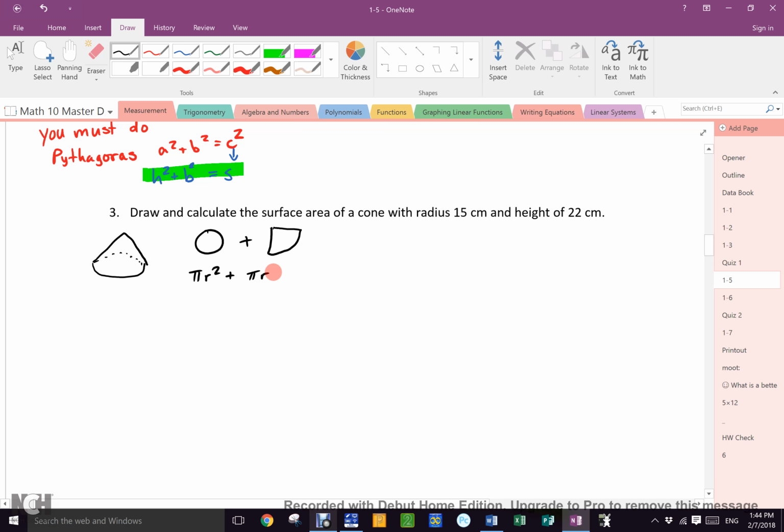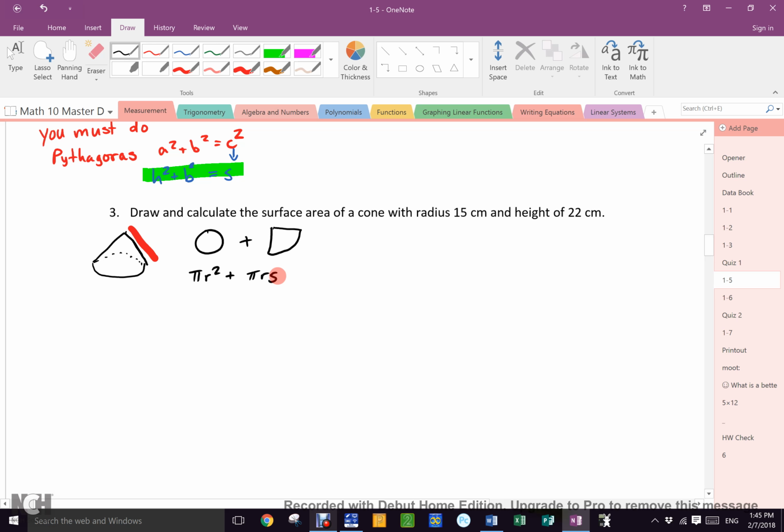Now, the other part of this was what fooled mathematicians back in the day. They said, well, it's not a whole circle, so it can't be pi r squared. Can't you just divide it by 4? But it's not a quarter. So what they did was they actually did 1 million experiments, and they found out that if you multiplied by the slant height, because they knew from pyramids that slant heights were important, and that cones are related to pyramids, they got the right answer.